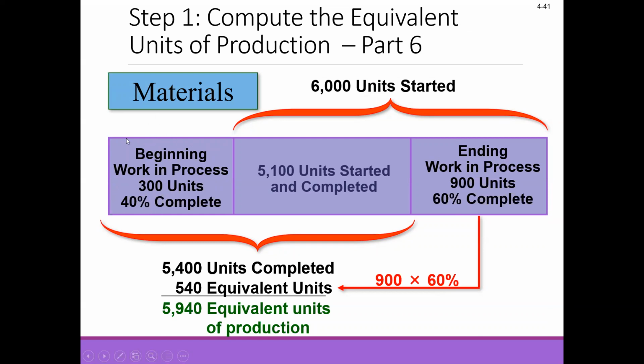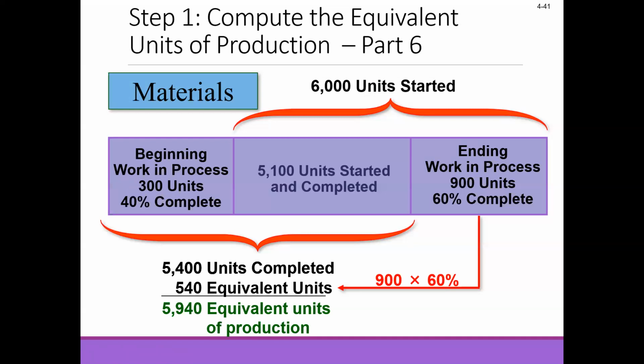You're right. But what we're talking about is for the whole month, these 300 units ended up being completed. So what we're asking here is at the end of the month, how many units were completed? We started the month with 300 units only being 40% completed. But by the end of the month, 5,100 units were started and completed, but we know these 300 units that were sitting in the beginning inventory did get completed.